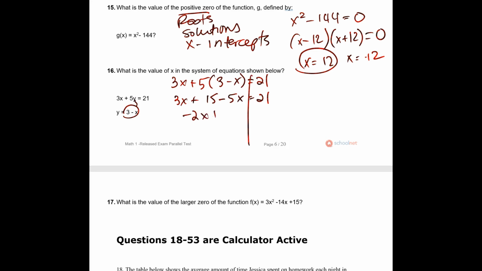Negative 2x plus 15 is equal to 21. Subtract 15, subtract 15. Negative 2x is equal to 6, divided by negative 2. x equals negative 3.